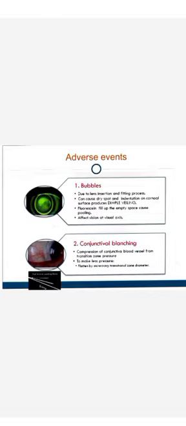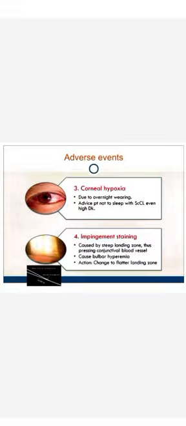Conjunctival blanching: compression of the conjunctival blood vessels from excessive transition zone pressure. To make less pressure, flatten by increasing the transition zone diameter. Corneal hypoxia is due to overnight wearing.